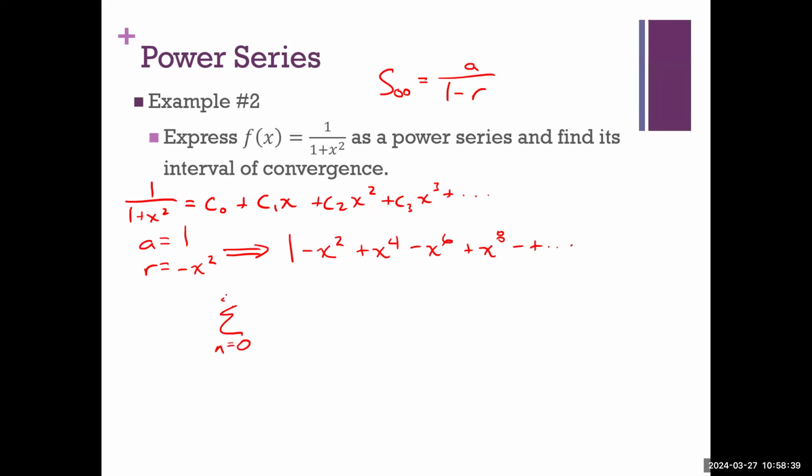Negative x squared to the power of n. Is that going to fit? If n equals 0, what do I get? If n equals 1, n equals 2. Okay.